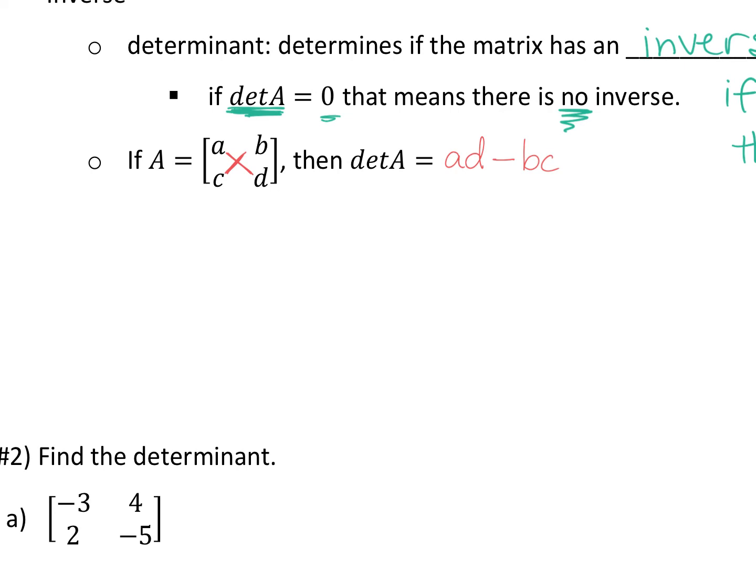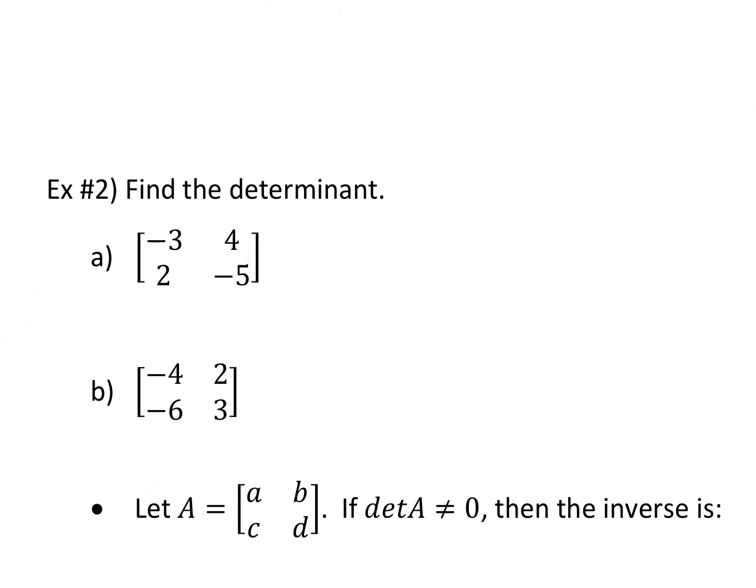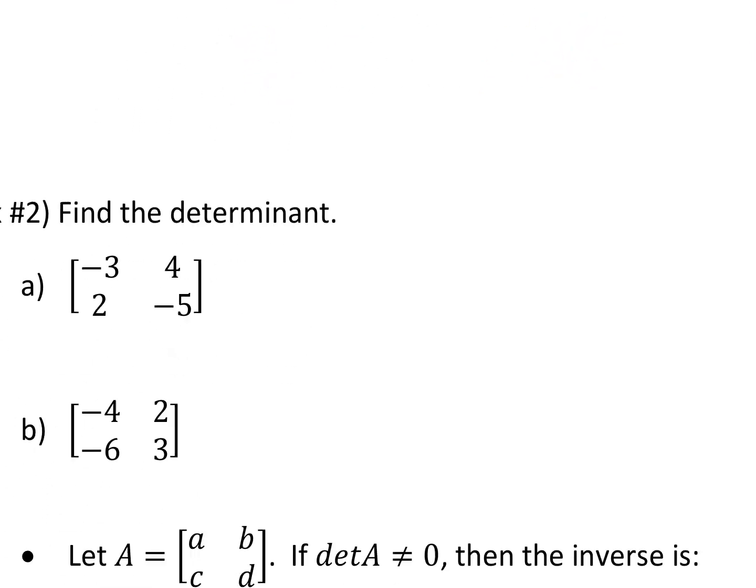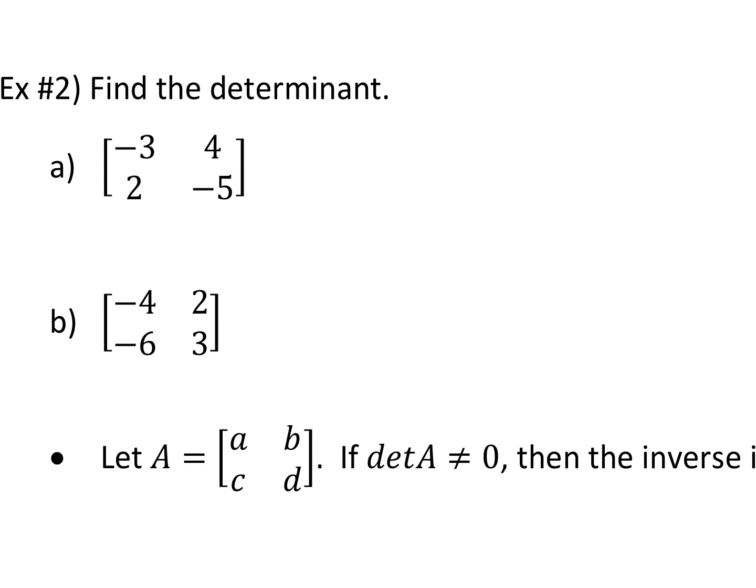Okay, so let's do this. We're going to find the determinant of these couple of matrices. Are we good there? Okay. So to find the determinant here, what am I multiplying first? -3 times -5. So that's a positive 15. And then subtract.